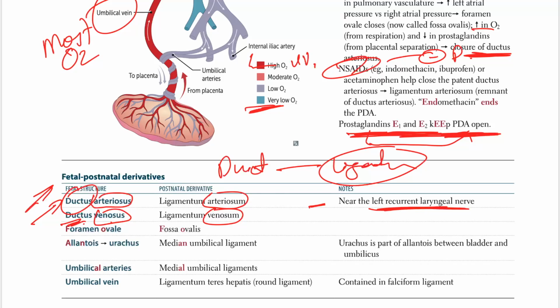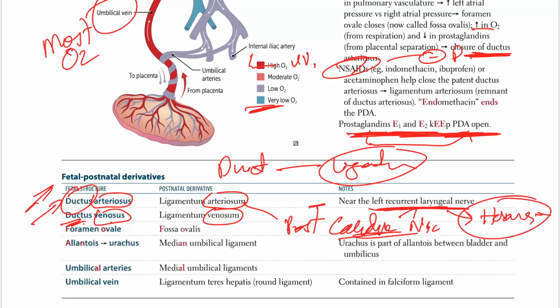Because when you're doing a cardiac surgery, you could give a nick to the left recurrent laryngeal nerve, which is very near the ductus arteriosus, the ligamentum arteriosum. In cardiac surgery, you can nick it, and this will lead to hoarseness as a complication. So that's why that is important.